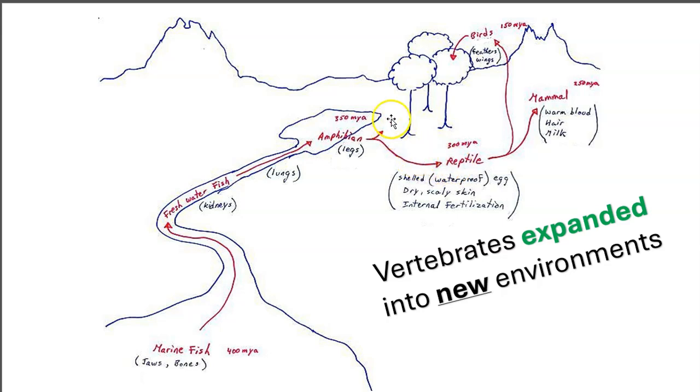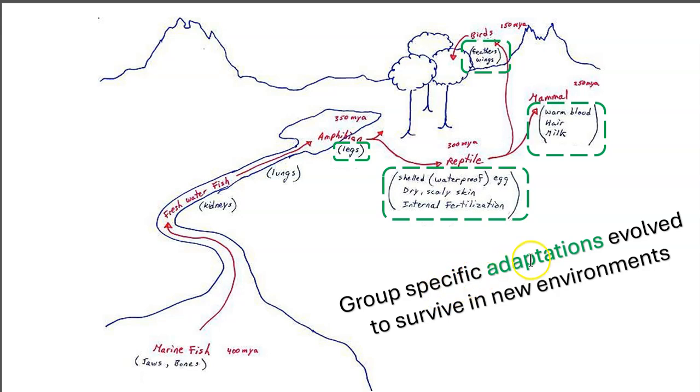It allows them to break that connection to the water and live on dry land. But they were limited to certain habitats due to the way they regulate their body temperature. Well, then we get the evolution of adaptations that allow mammals to expand into cooler climates. And then, of course, the birds have adaptations that allow them to expand into the air. So we get the group-specific adaptations evolved to survive in new environments as vertebrates expanded across the surface of the planet over the last 500 million years.